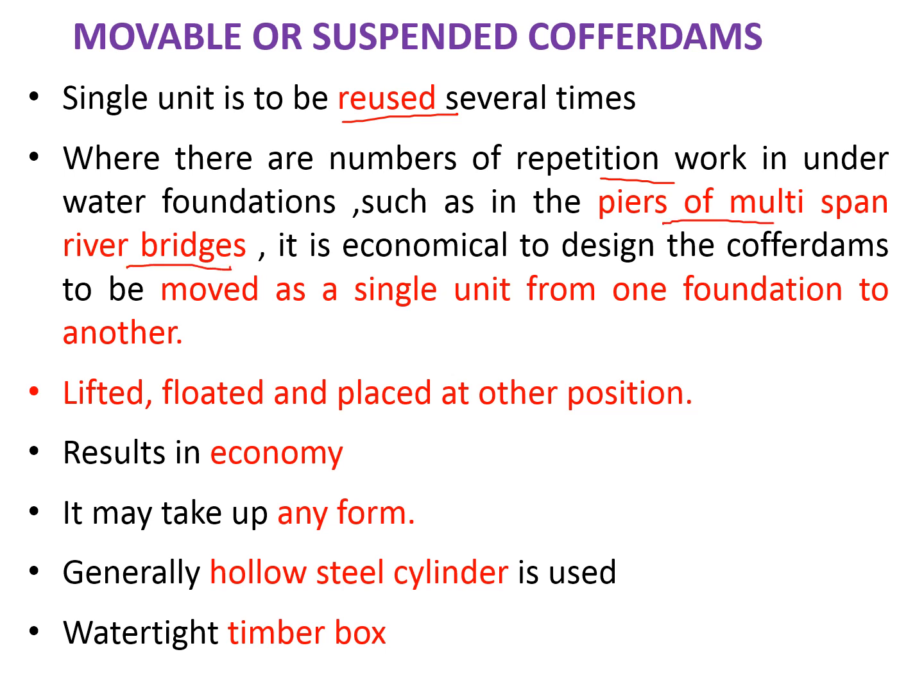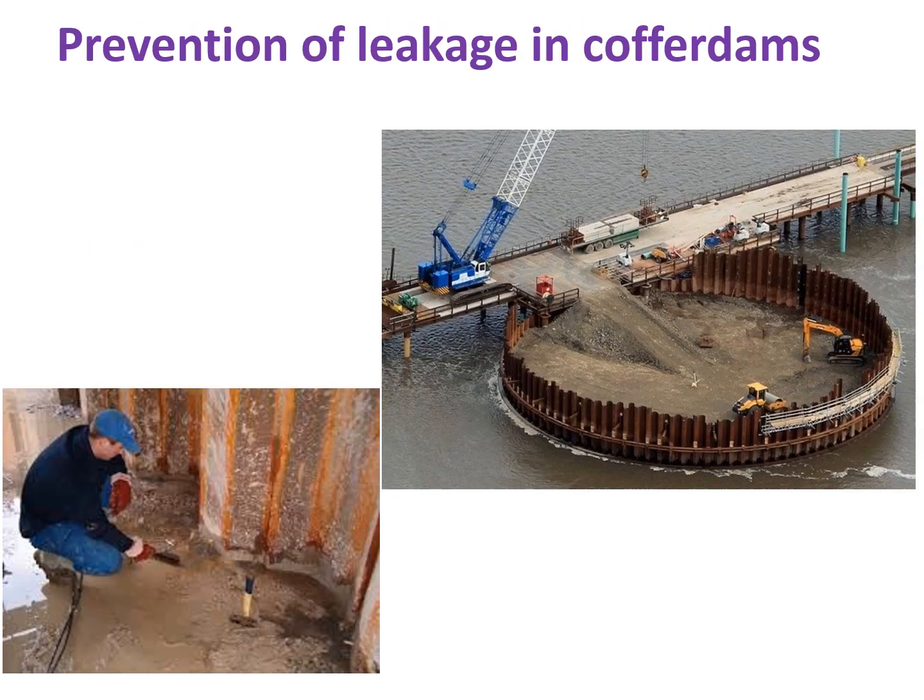There are many piers in a multi-span bridge. So for each single pier you can go for such a cofferdam. It is to be lifted first, then floated, and then placed at another position. So it results in economy. It can take any form, and generally a hollow steel cylinder is also utilized, and a watertight timber box can also be utilized as a movable cofferdam.